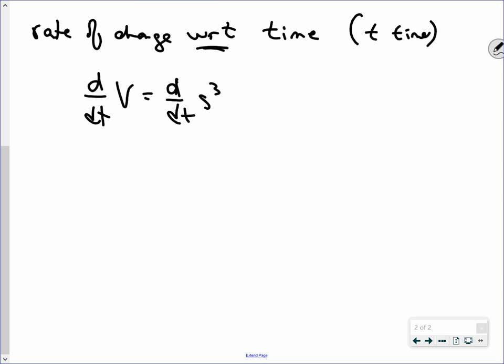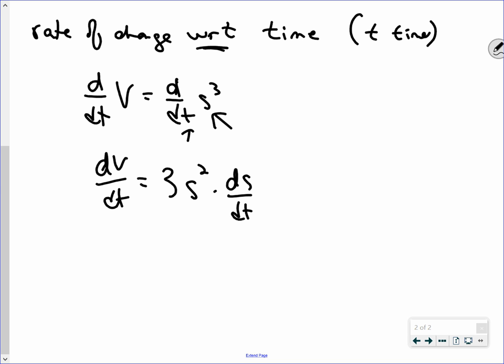So usually we just write this one as dV/dt, and the next is chain rule, because the variable here is s, but I'm taking the derivative with respect to time. So I get 3s squared, and then what do I have to put on the end of that? ds/dt. So in order to find how the volume is changing with respect to time, I need to know how the side is changing with respect to time.